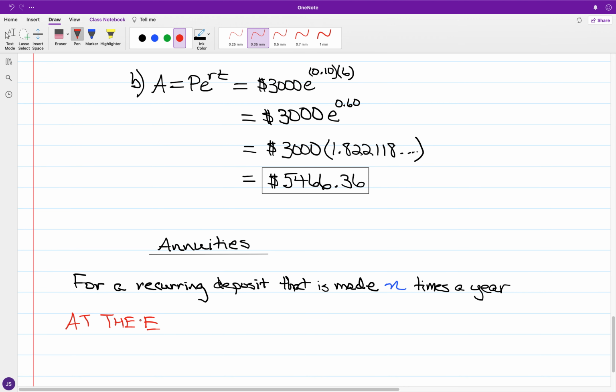Cycle being like year, every 3 months, or quarter, or every month.